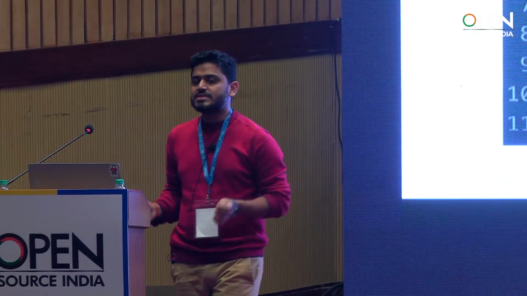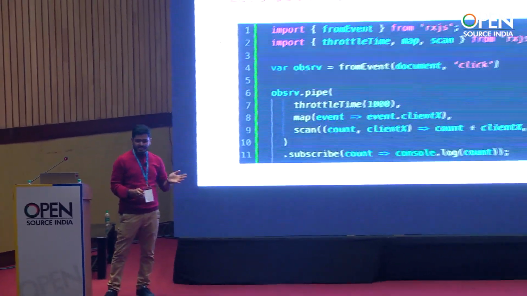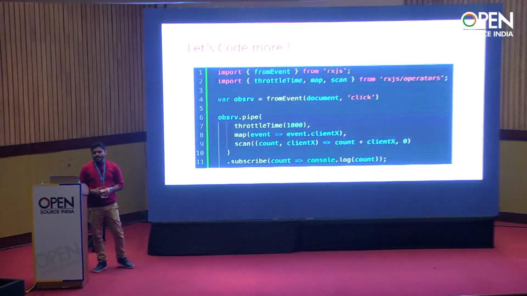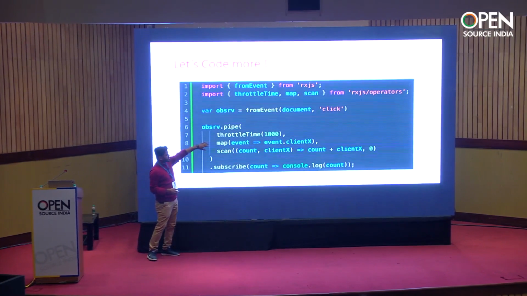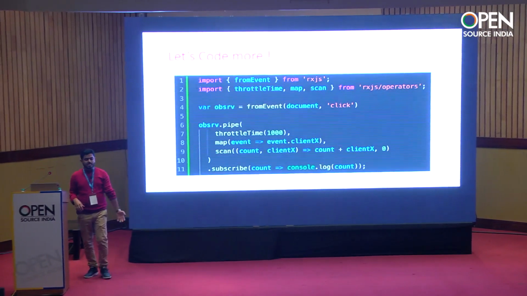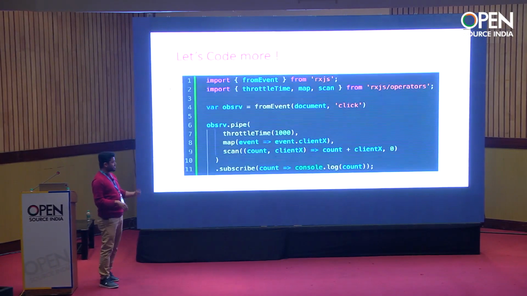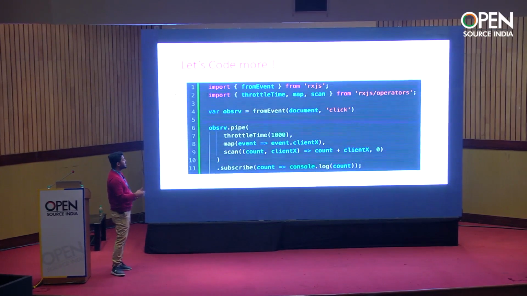Whenever the click has happened, I'll have a lot of data regarding that event, but let's say I'm just interested in the x coordinate of where the click happened, and I'm putting in a throttle time. These are all inbuilt methods. With throttle time, I'm saying I don't want to be bombarded with data. I'll take new data only every 1000 milliseconds, that is, after 1 second. If any click happens, I'll take that.